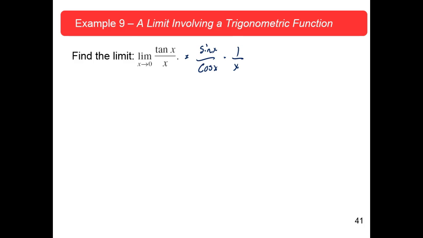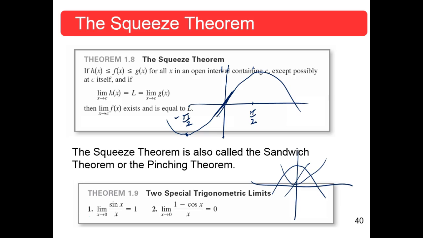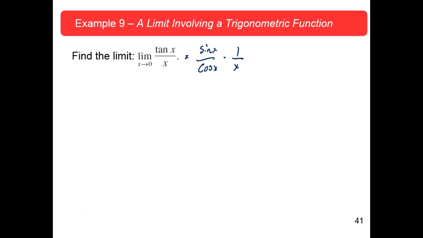Okay. I'm going to go back a slide. Right here. Let's get that sine x over x. So what that means is let's rearrange this to be sine x over x times 1 over cosine x. That's legal in most states, isn't it? This is a product.